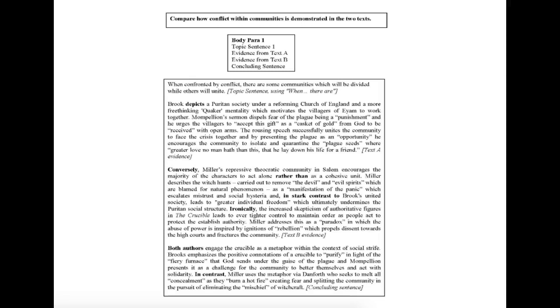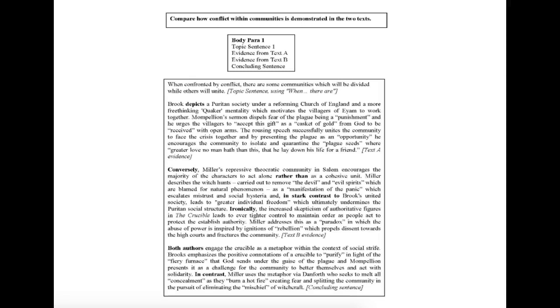And then we had a look at the introduction and how you might structure the introduction in terms of introducing the author and the text, the context of the text in context of the prompt, and the topic sentences 1, 2, and 3 for those two texts as they relate back to the prompt.